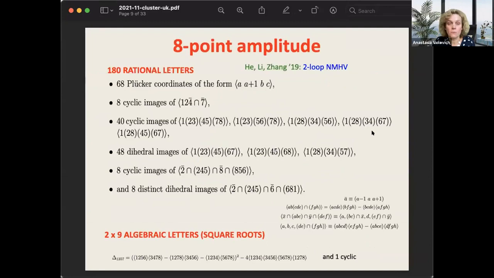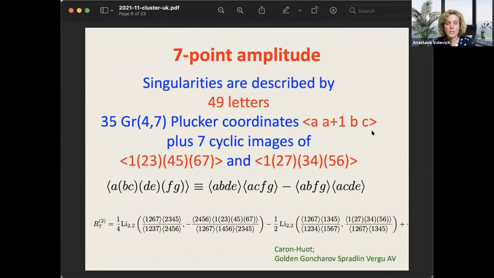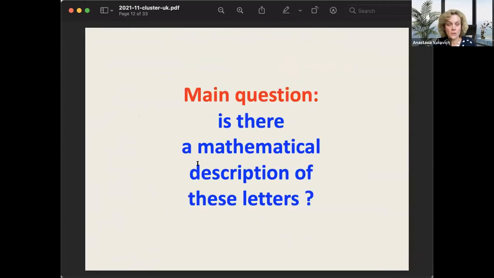Some of you might have recognized immediately when I showed you the 7-point letters, you could have said, wait a minute, these are just cluster coordinates for Gr(4,7) cluster algebras. That's the sharp statement that was there from 2013.